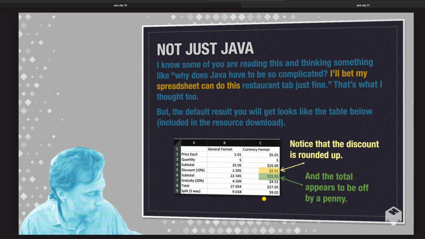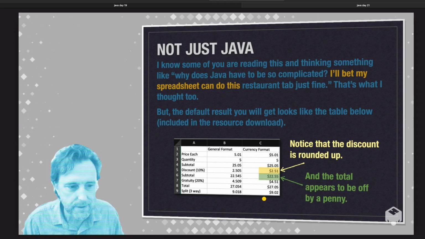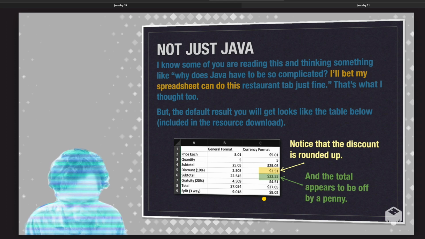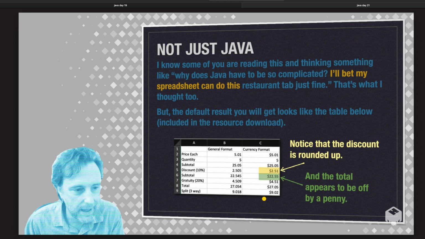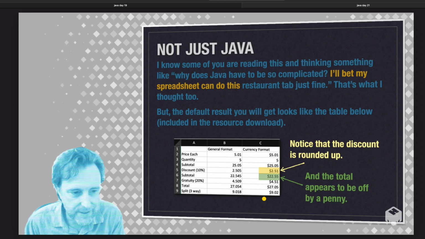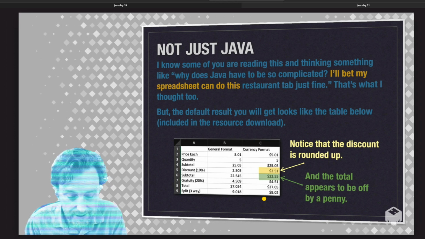But I do want to make the point, even though we're business programmers, and even if we end up writing code, most of it will end up handling money amounts. That's not necessarily the case at all. I think it's a misconception.